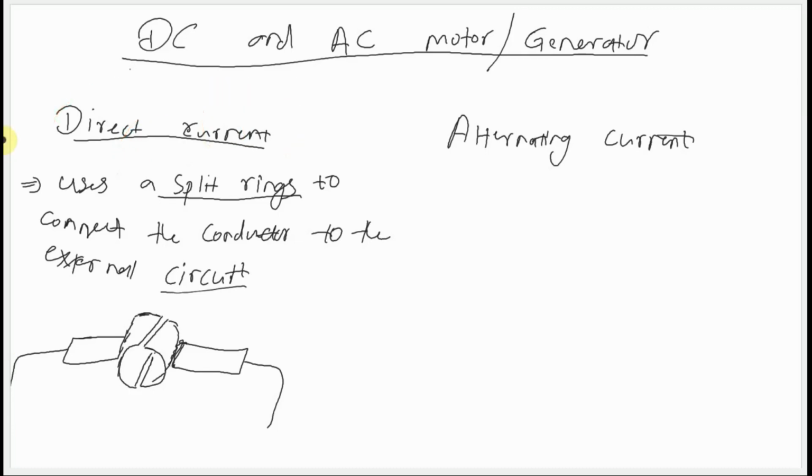But if we talk about alternating current, we will have a component such as slip rings.